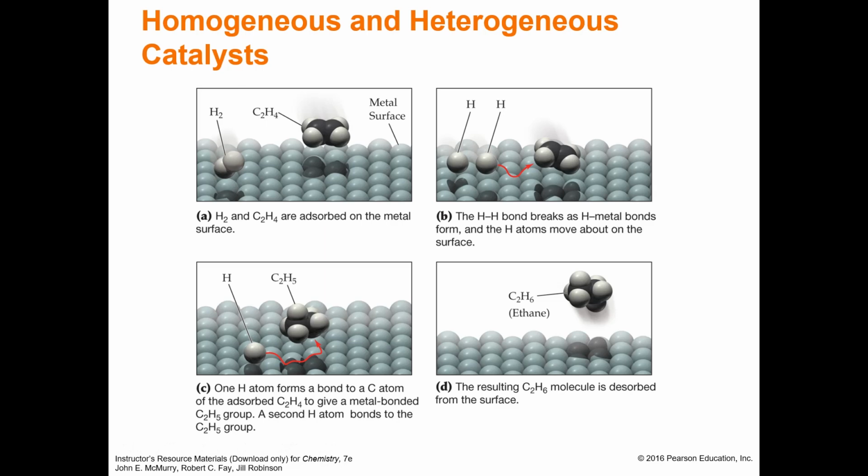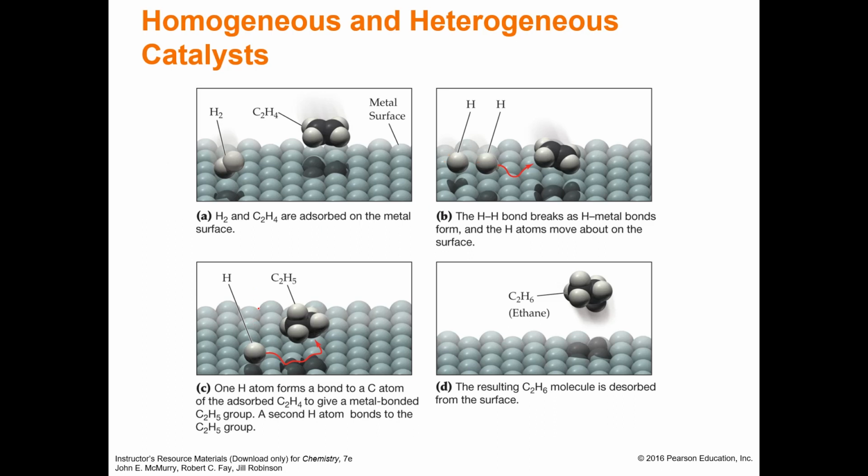So an example of a heterogeneous catalyst, if we have something like H2 and C2H4, which are both in the gaseous phase, and then we have our metal catalyst down here, the hydrogen and the C2H4 get absorbed onto that metal surface, causing those hydrogen bonds to break.